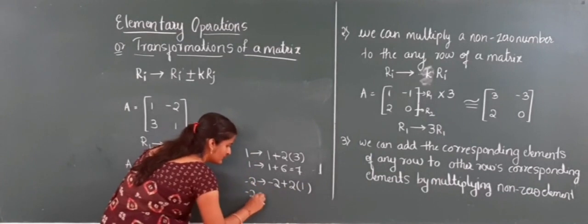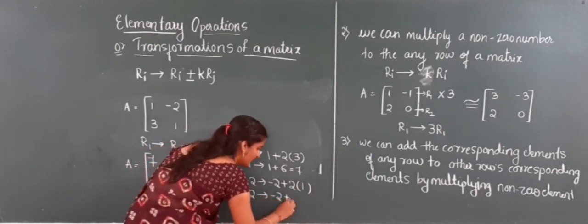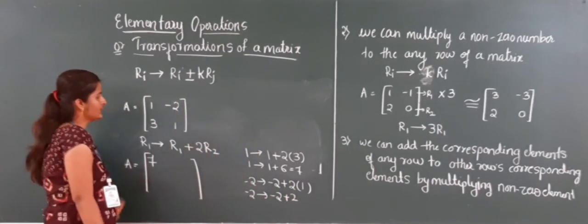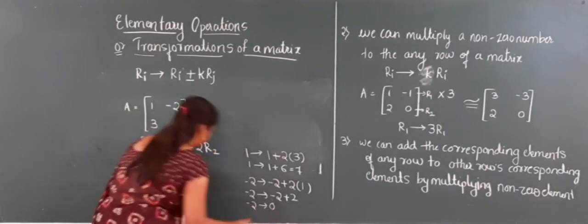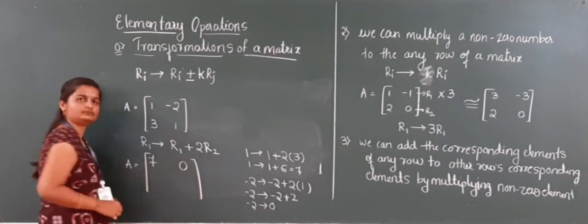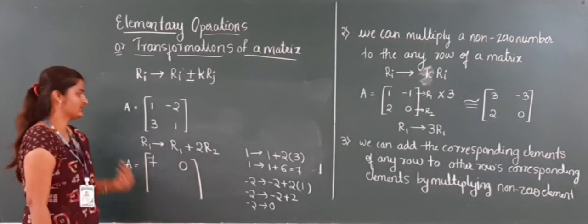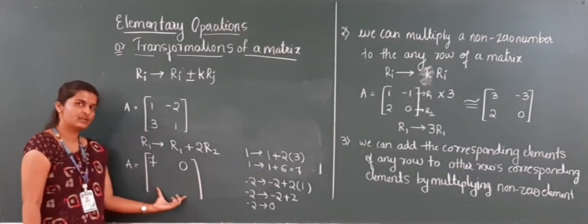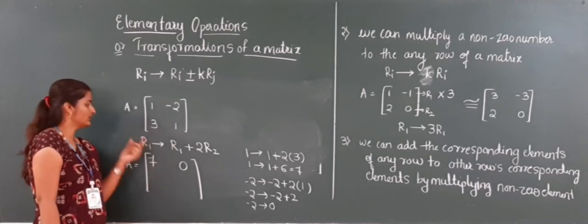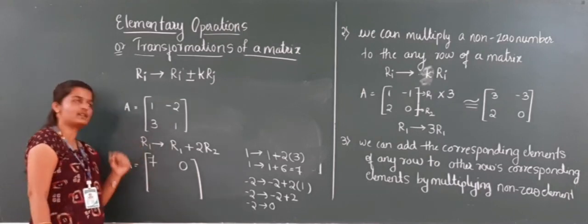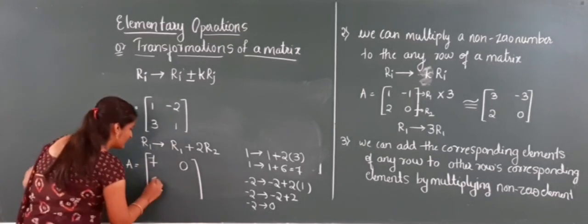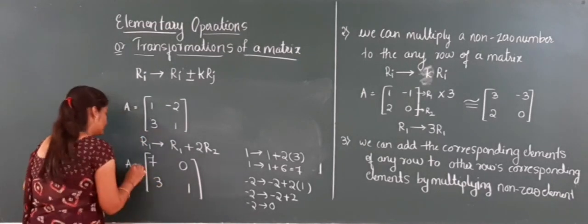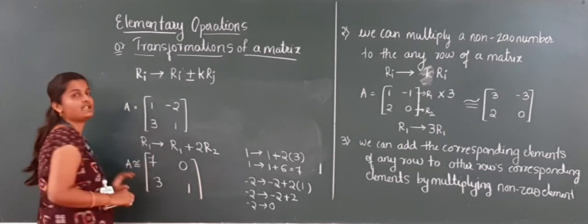So minus 2 changes to minus 2 plus 2, which gives 0. Next, what do we have to write here? R2. Have we changed R2? No. There is only one operation, that is on R1. So we have changed R1 only, not R2. R2 remains as it is. So this is the equivalent matrix to A.